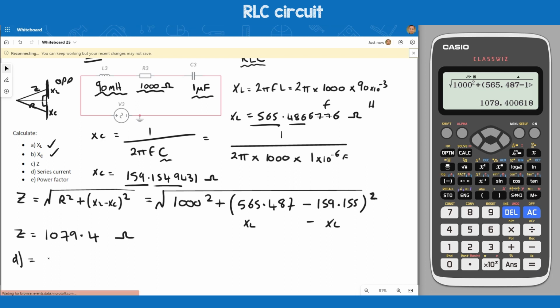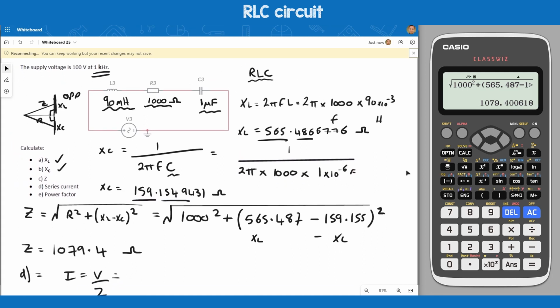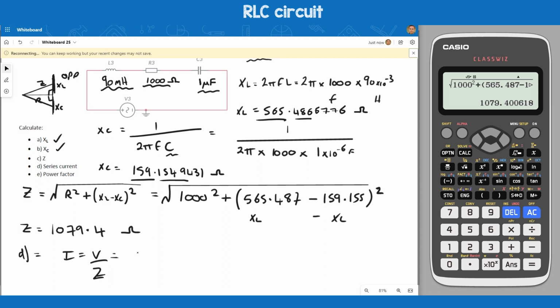Now D is easy. I is V over Z, which is the supply voltage divided by Z. The supply voltage is 100 volts in the question. So current is 100 volts divided by the impedance, which is 1079.4 ohms.